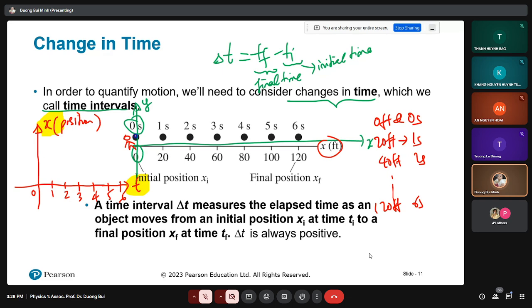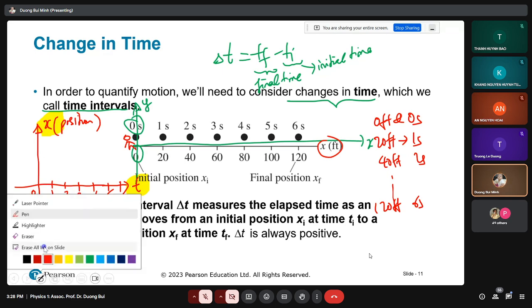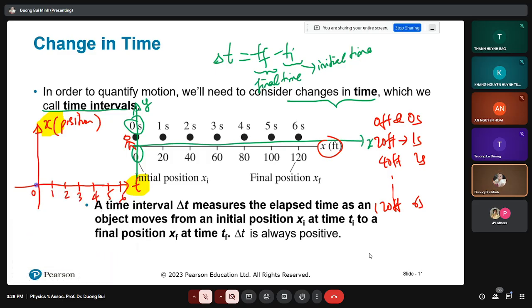So if you have 0 seconds, 0 feet. 1 second, for example, here is 20, 40, 60, 80, and then 100. So 1 second, you get 20 feet. 2 seconds, 40 feet. 3 seconds, 60 feet. 4 seconds, 80 feet.